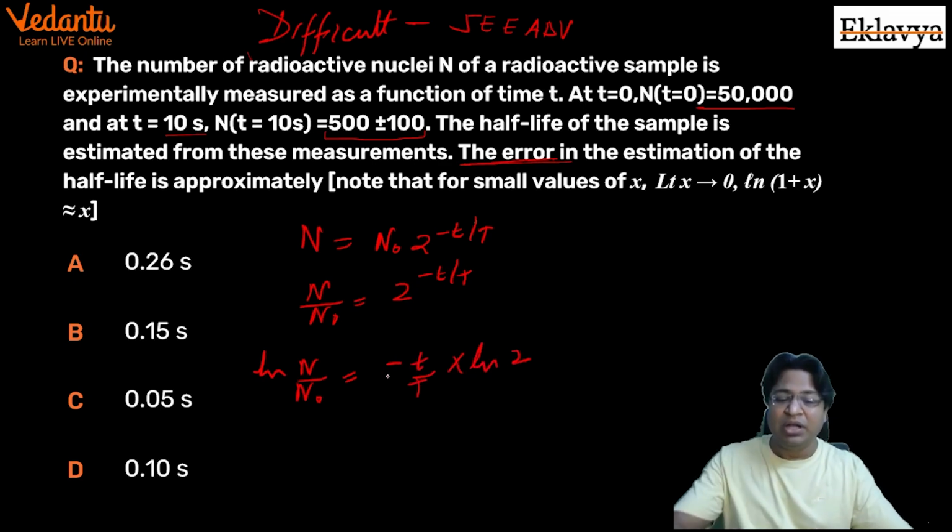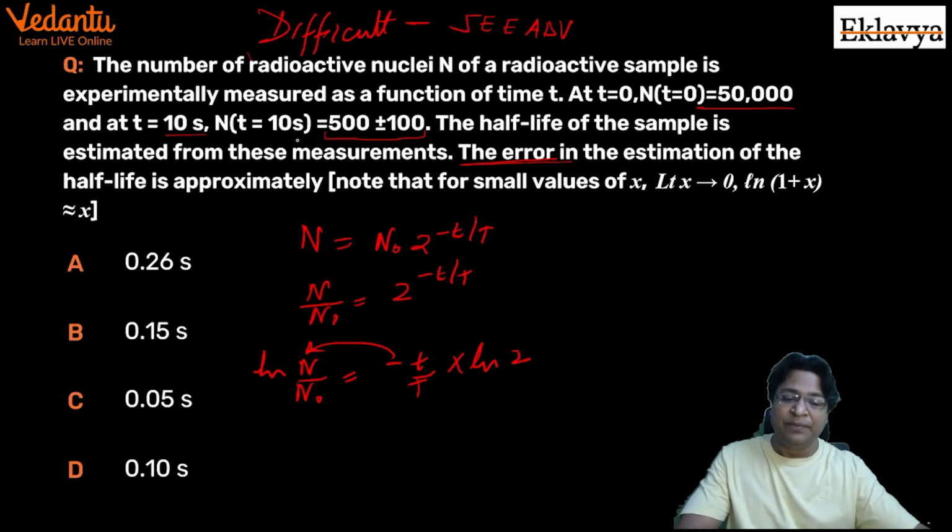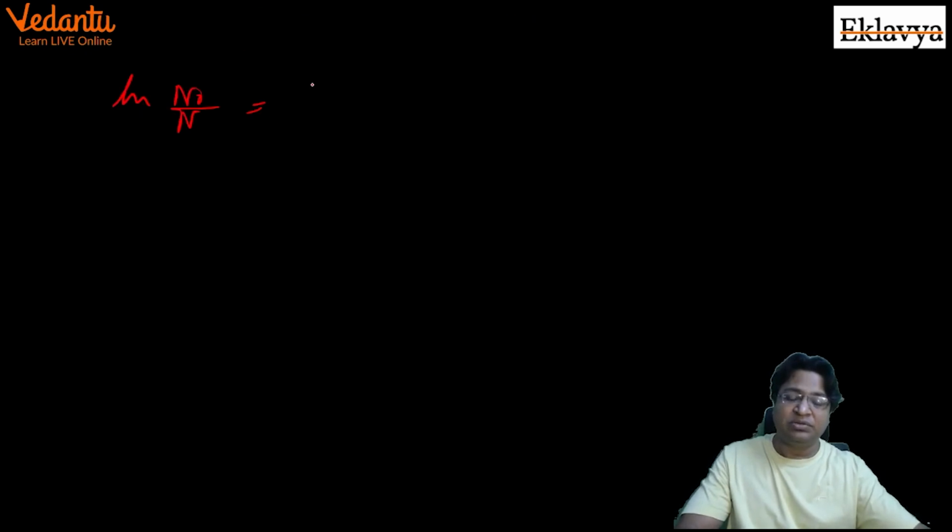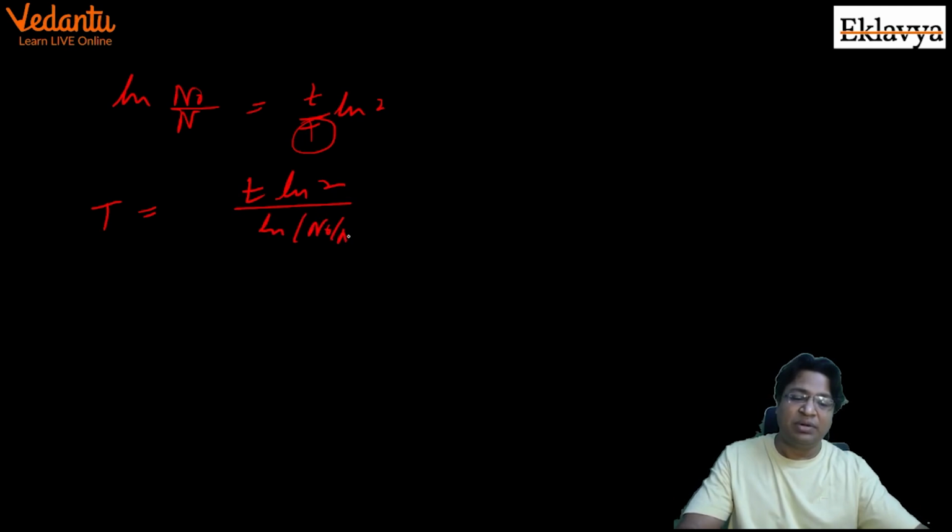This is what we get. Again, I can take the minus on the other side and adjust here. So that will give us ln of n naught by n is equal to t by t half into ln 2. Now this t half is the half-life, so t half can be written as t ln 2 divided by ln of n naught by n.